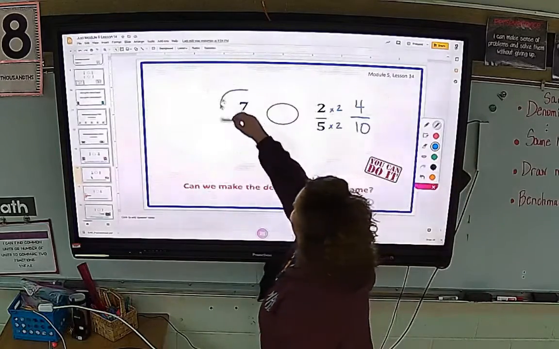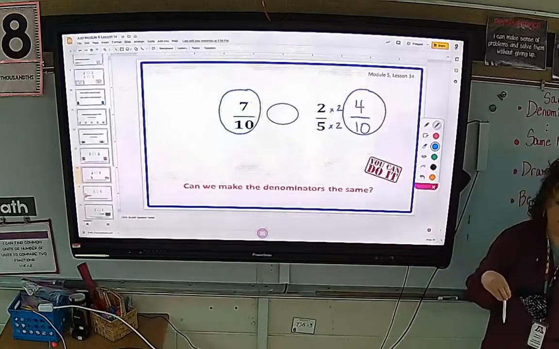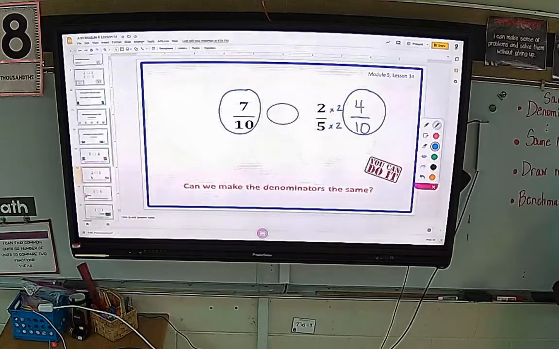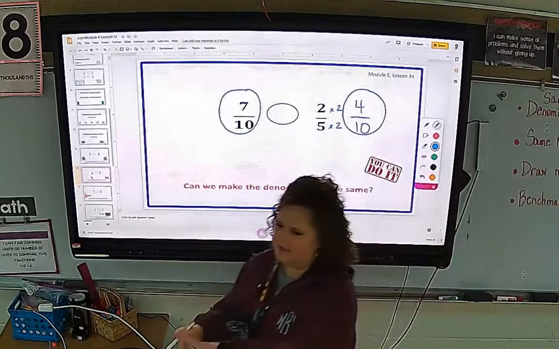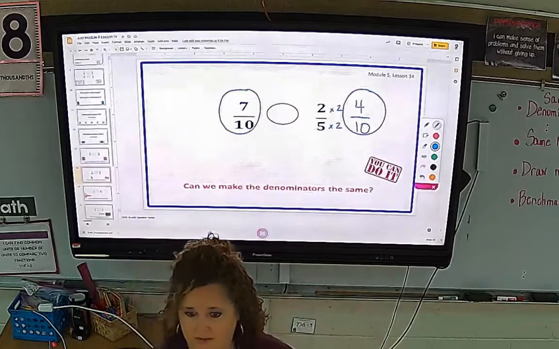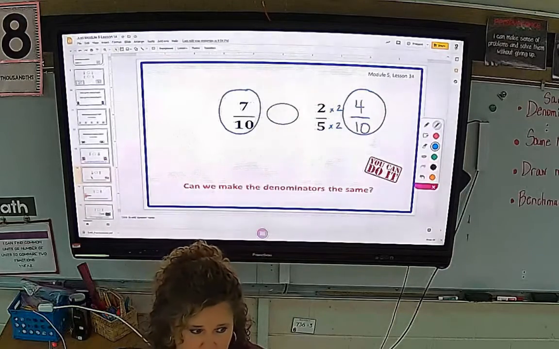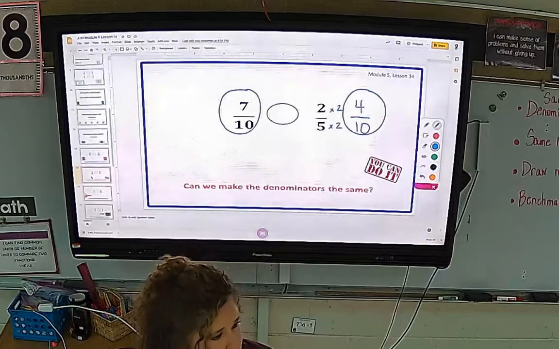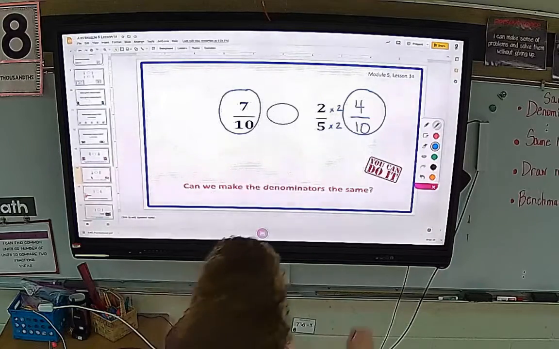If I look at 7/10 and 4/10, has that just become easier to compare? Yes. Because when they both have the same denominator, all the pieces are the same size. All I have to do now is go, who has more pieces? The 7 side or the 4 side? Which has more pieces? The 7 side.